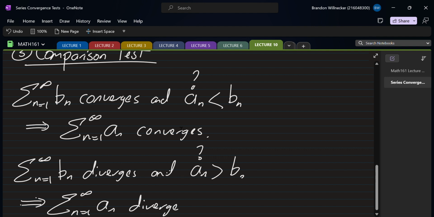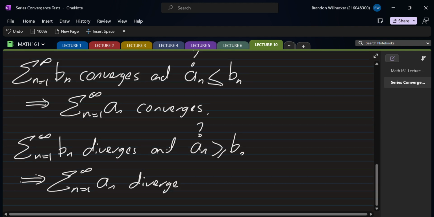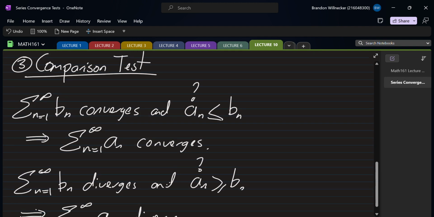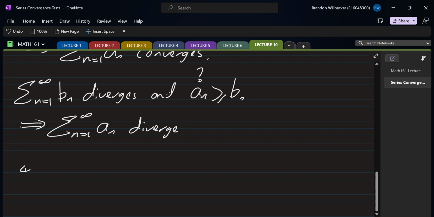This question is if they're both equal, then does it converge? Yeah, because if they're equal, then it's the same. So if an equals bn, then if the one converges, the other one also converges because they're the same. So it doesn't matter. You can keep it like that. Okay, so that's the comparison test.